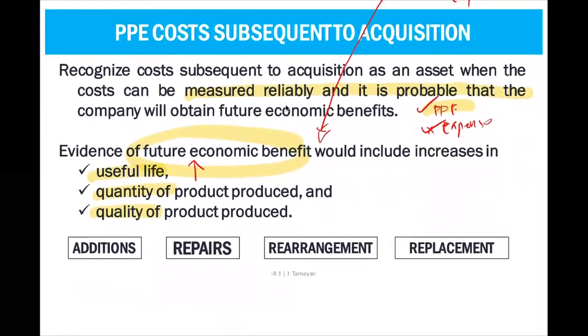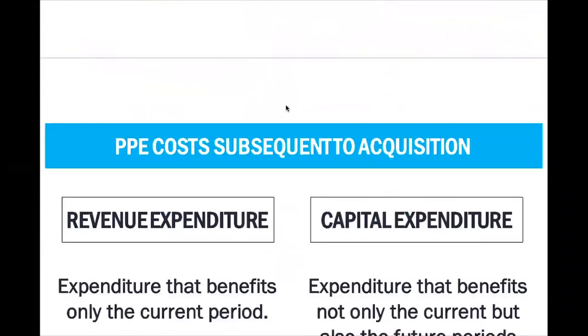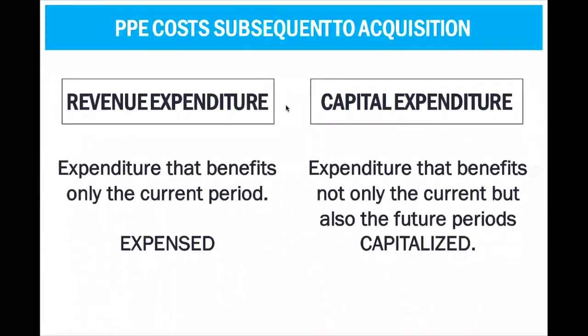And what are your costs subsequent to acquisition? We have four items. We call it additions, repairs, rearrangement, and replacement. And we will look one by one on how we will treat these subsequent expenditures. We start with the concept of your revenue and capital expenditure. Your subsequent expenditure can be grouped as either revenue or capital expenditure.